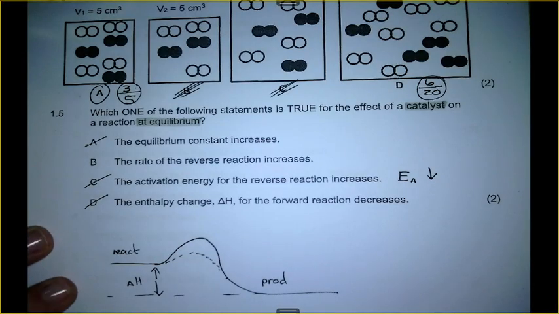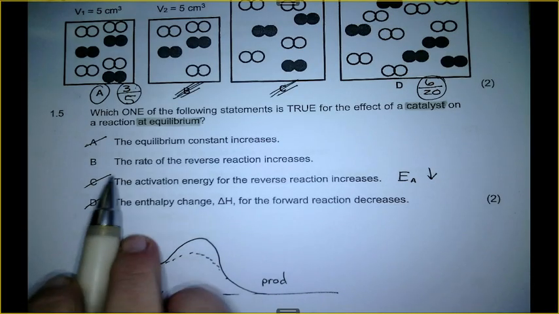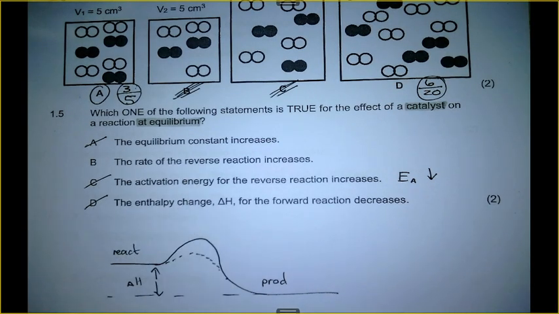So I had a look at the question again and I realized that they don't say only the rate of. I think it's mean. Okay, I really do think it's mean, because if they had said only the rate of the reverse reaction increases, maybe, but none of the others fit. The rate of the reverse reaction increases.